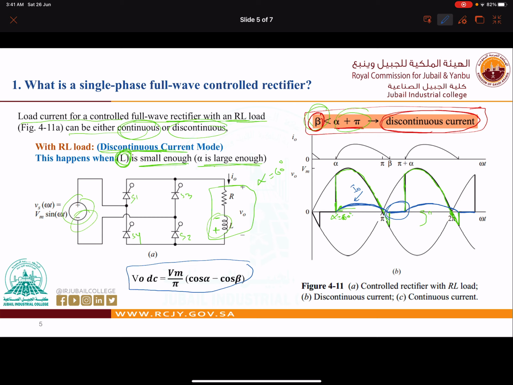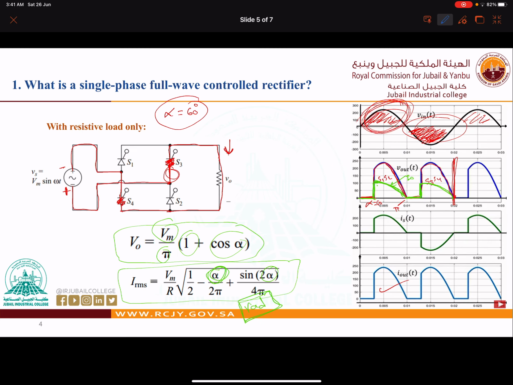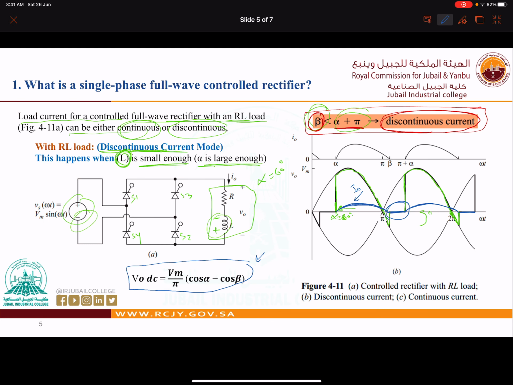Shabab, if you have a full wave controlled rectifier, and I said in the example it is discontinuous current mode, you need to find this formula. If I said resistive load only, you will use this formula, right? If I say continuous mode, we will see it in the coming slide.